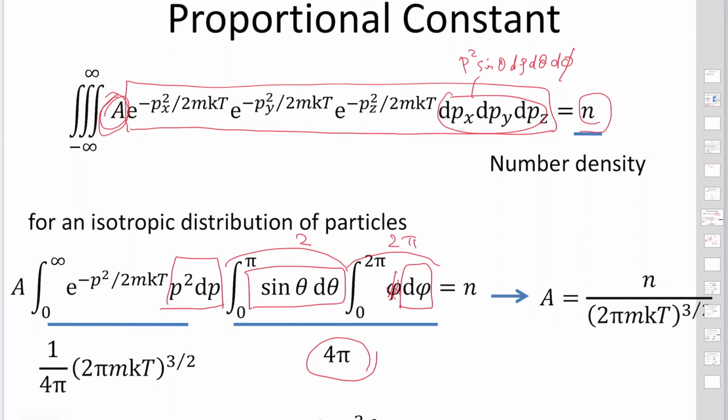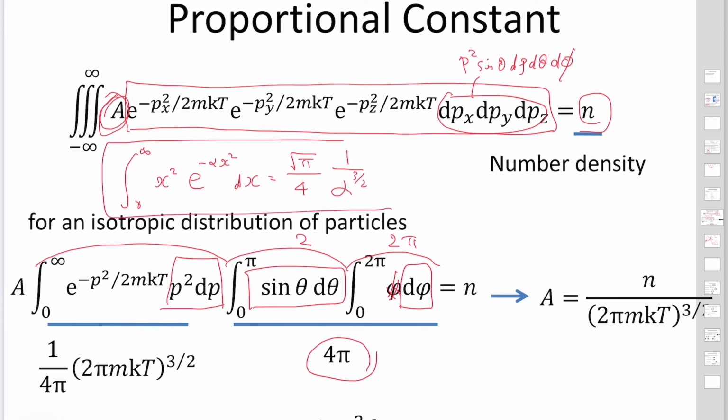And to perform these integrals, I have already shown you the integral from 0 to infinity of x squared exponential minus alpha x squared dx. It becomes square root of pi over 4 times 1 over alpha to the power 3/2. I derived these formulas, and then you can apply this.